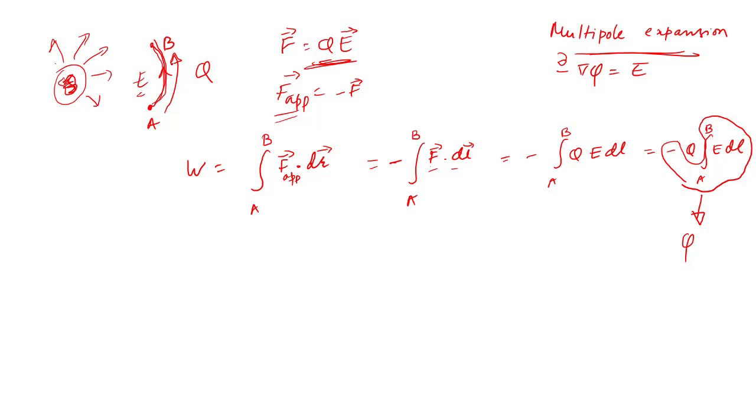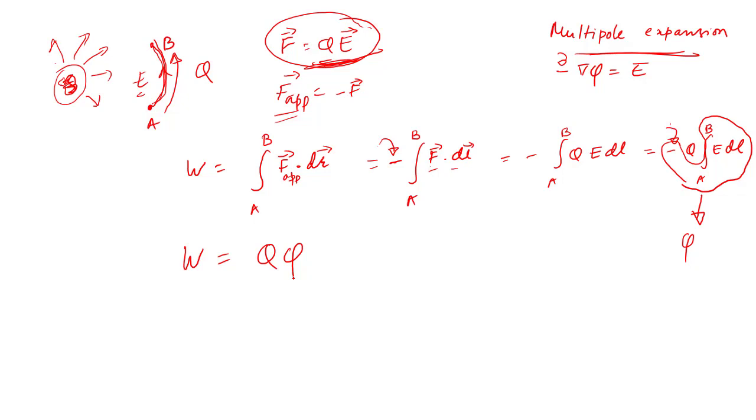When we look at the work done by electric field, you would not have this negative sign. So that's where the negative sign comes from, because we're applying a force opposite to the force because of the electric field to carry the charge from A to B. So then essentially you can write the work done as the charge times phi, the potential, right?